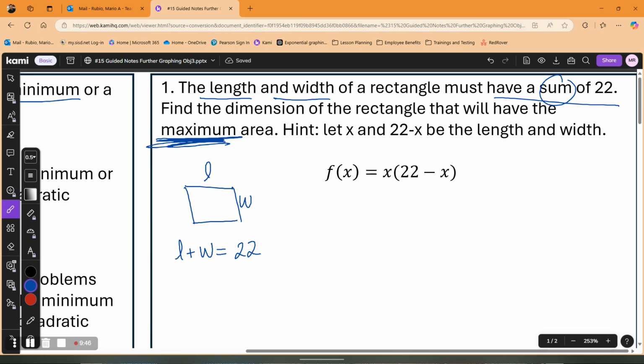So this came from, let's say we called the length x. Then we would get x plus w equals 22. And then w equals 22 minus x.